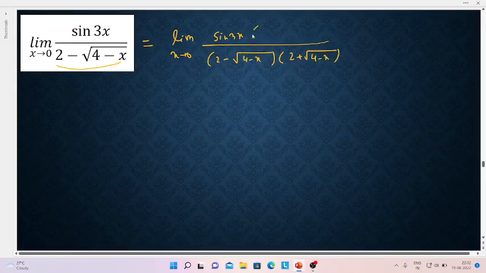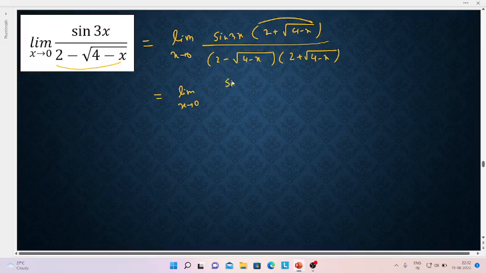Similarly, we have to multiply the numerator by 2 plus root under 4 minus x, right? So now you can see if we put x equals to 0 in that particular function, which is 2 plus root under 4 minus x, it will give you a non-zero value, right? Since it will give you a non-zero value, we can actually take that part outside, I mean we can change this limit, right?